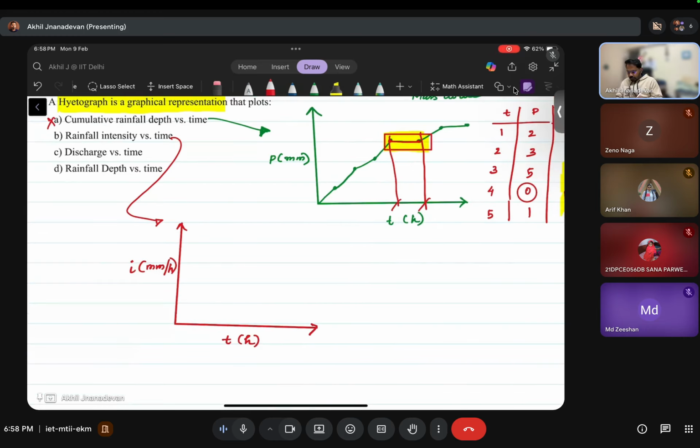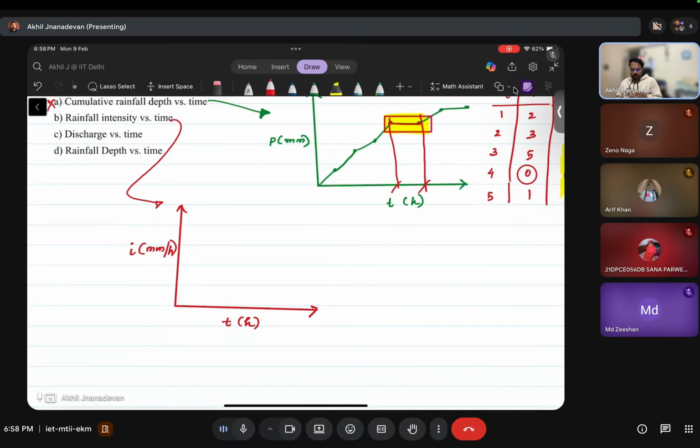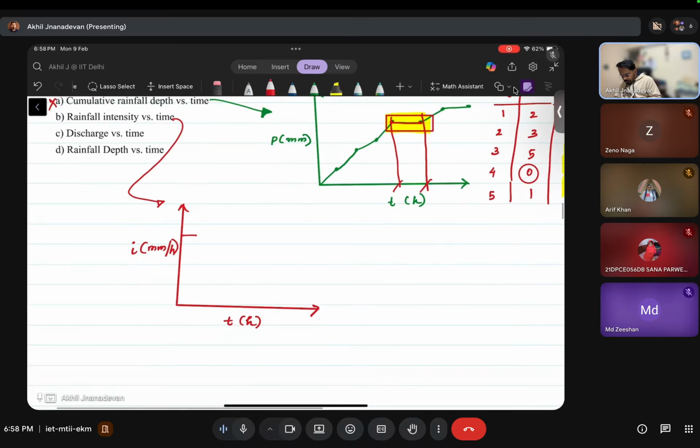We are not using a line graph, we'll basically be using a bar chart. This is what a hydrograph looks like. So this is 0 hour, 1 hour, 2 hour, 3 hour, 4 hour, and this value is 5, this value is 4, this is 3.